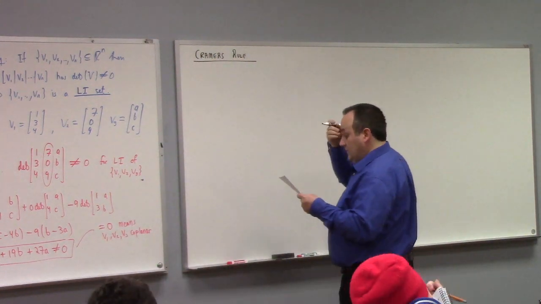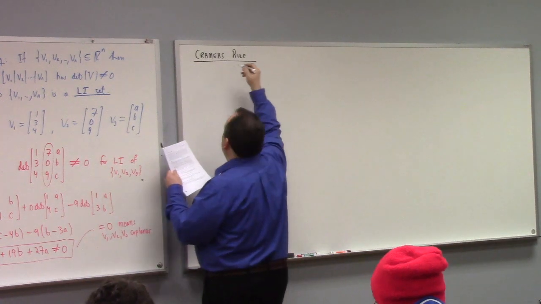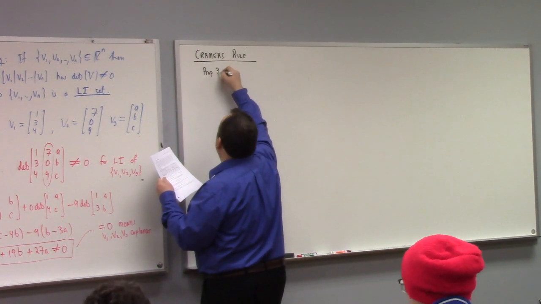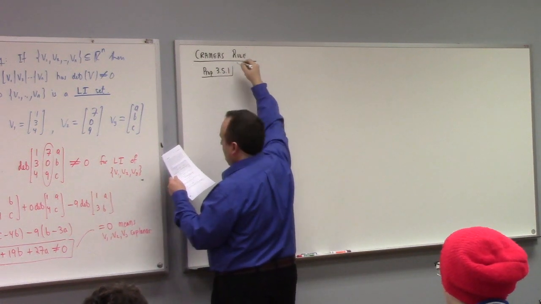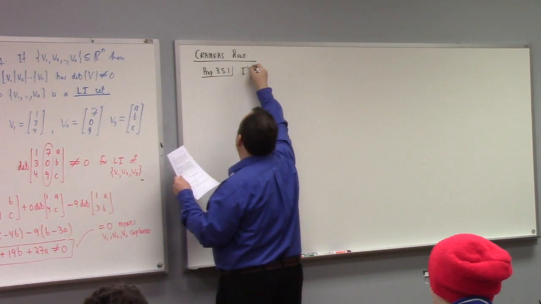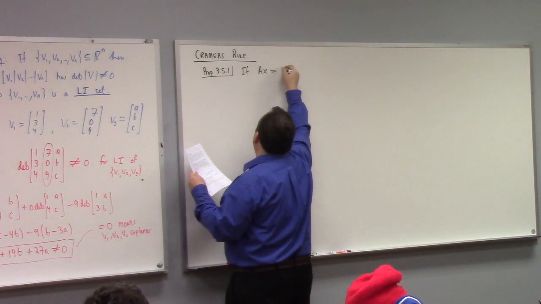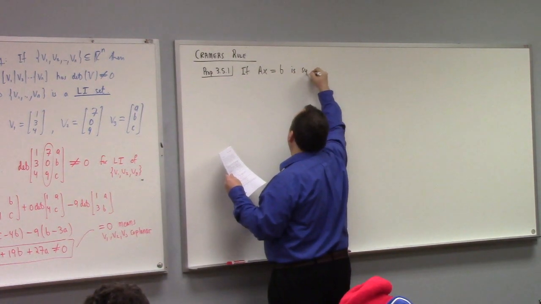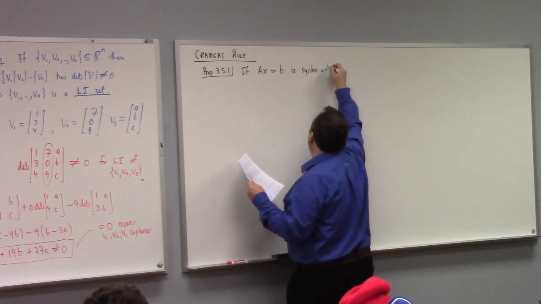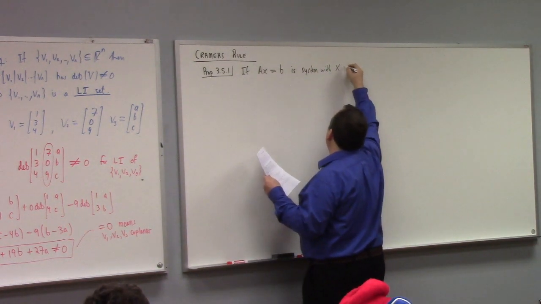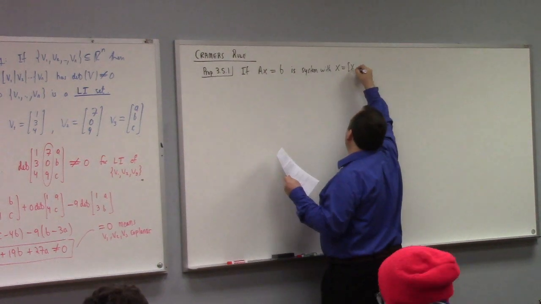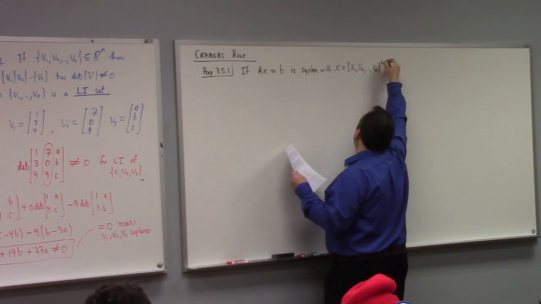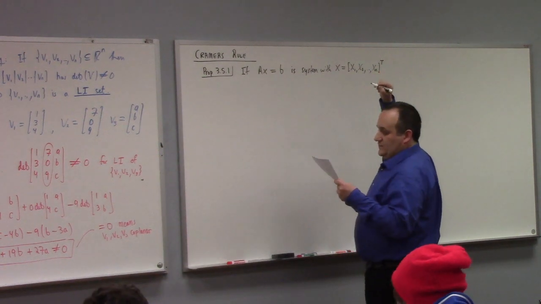All right, and here's the deal. This is a proposition, 3.5.1. Be careful to use the same notation as my notes. If AX equals B is a system, and we're using the variable vector x, which is x1, x2, through xn, I'm going to put a transpose on there because, man, this is old.